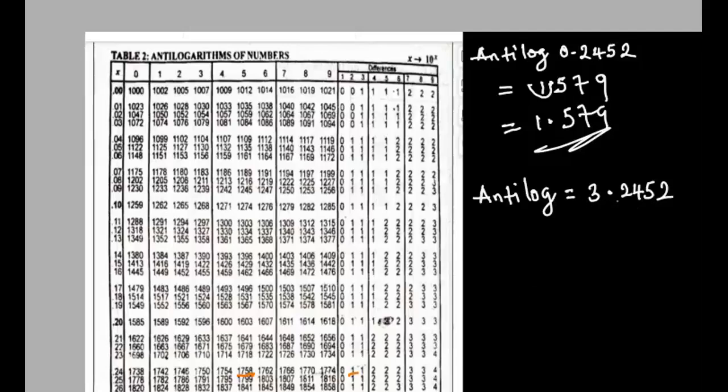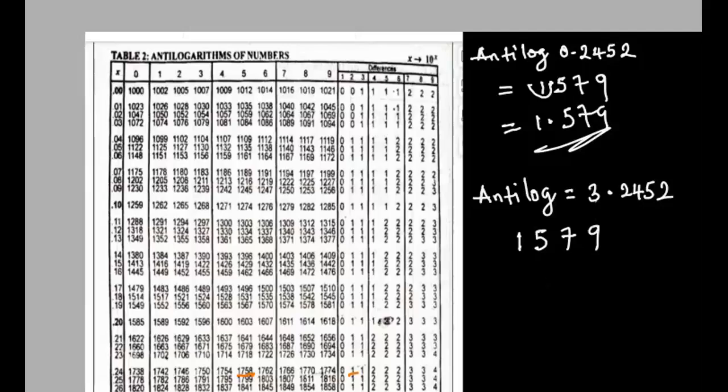I'll look for 0.24 on the anti-log table. Look for 0.24 under 5. We've done that before. 0.24 under 5 difference of 2. It still gives us 1. We still have 1579. That's the same thing.